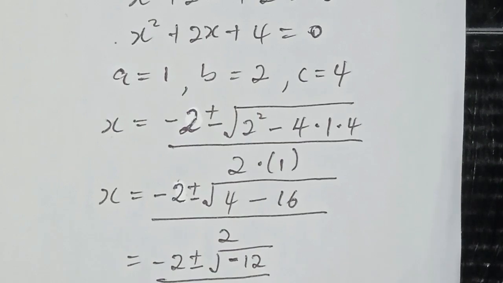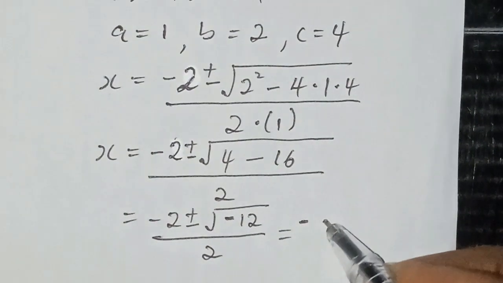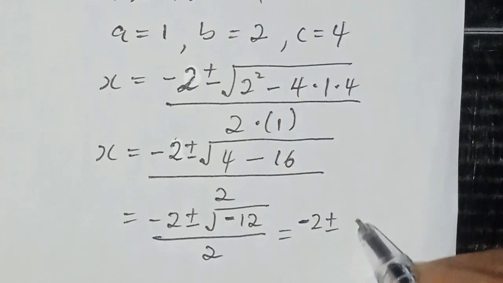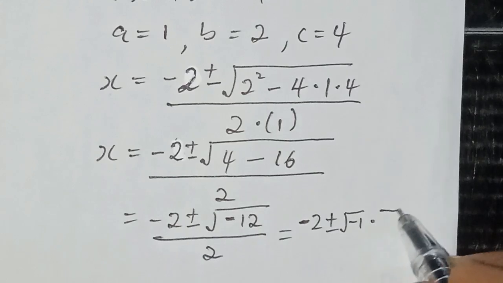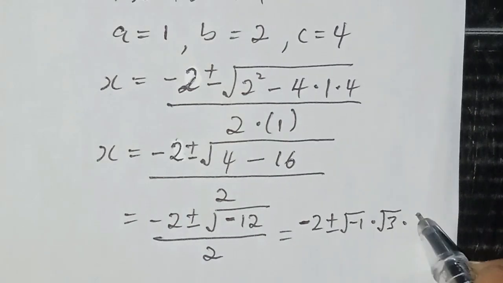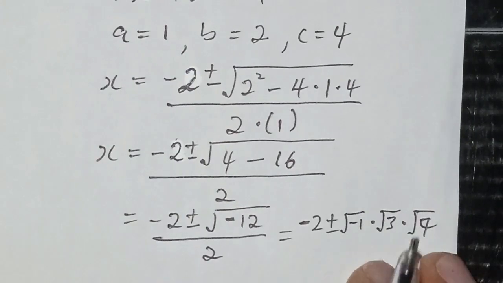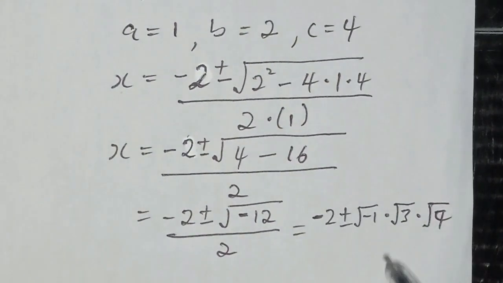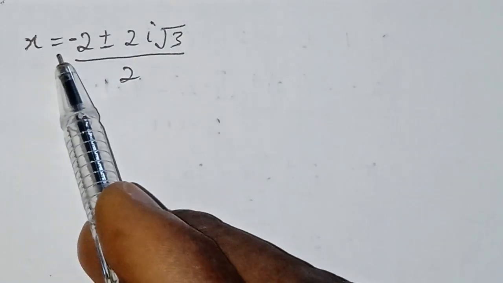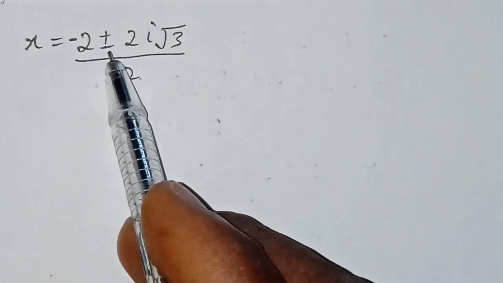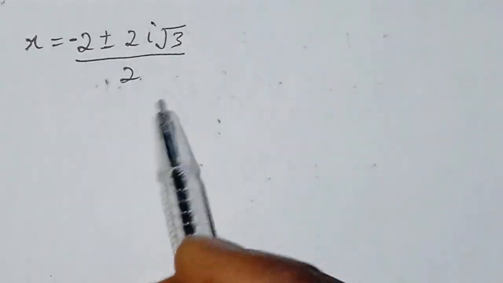This can also be written as minus 2 plus or minus square root of minus 1 multiplied by square root of 3 multiplied by square root of 4, and this is over 2. x equal to minus 2 plus or minus 2i square root of 3 over 2.